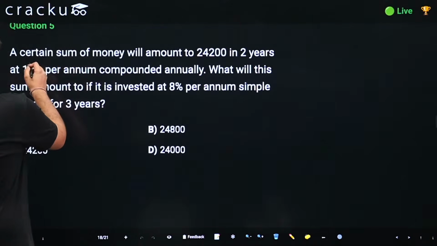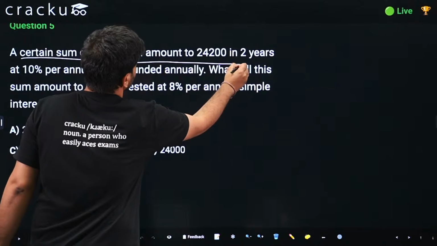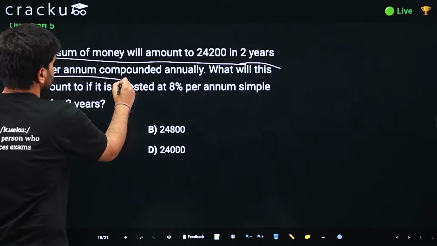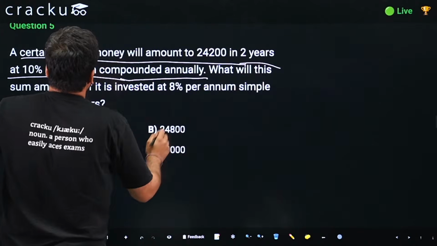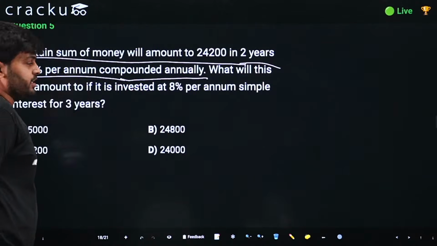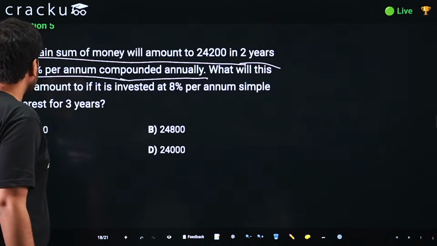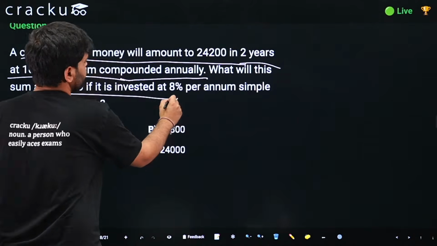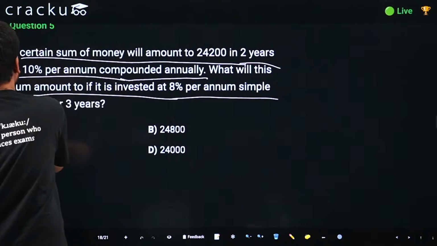In this question it is given that a certain sum of money will amount to 24,200 in 2 years at 10% per annum compounded annually. What will this sum amount to if it is invested at 8% per annum simple interest for 3 years?